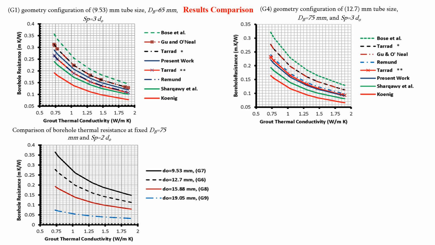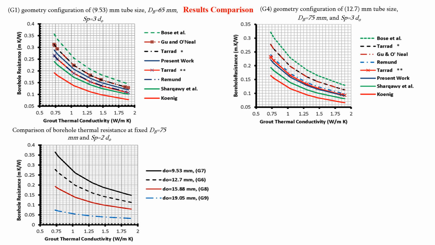Here to show the effect of the diameter with a constant value of D bore equals 75 millimeter and SP equal to 2D naught. As the tube diameter reduced, then we will get a higher borehole resistance, because as the D naught is reduced, the filling resistance will be higher, and vice versa.